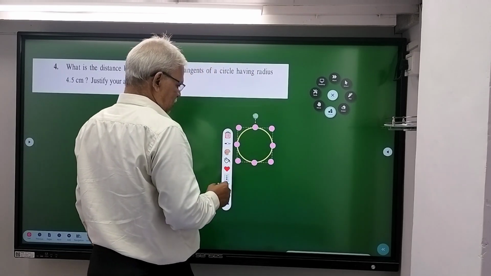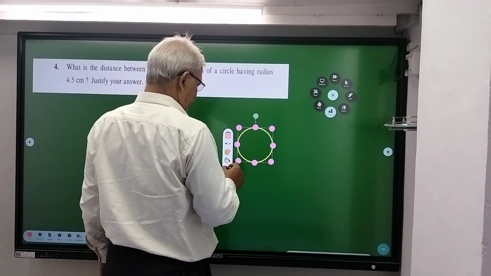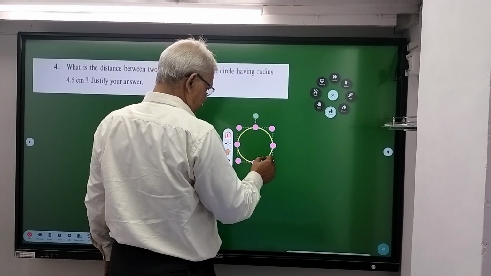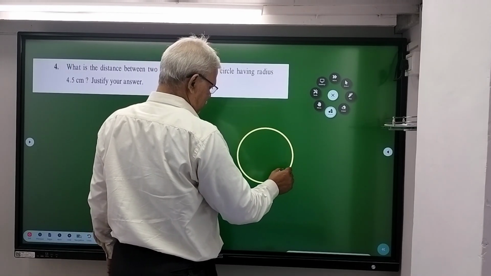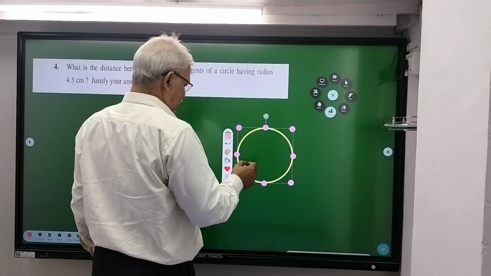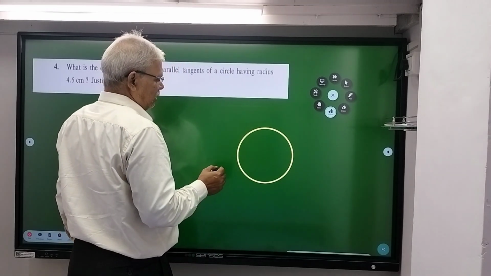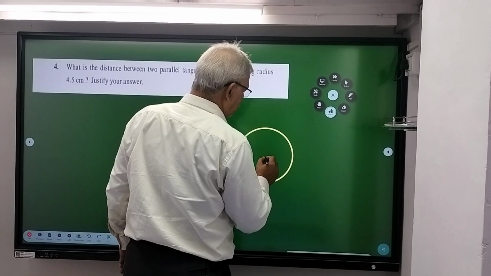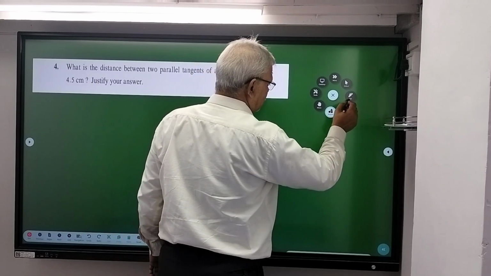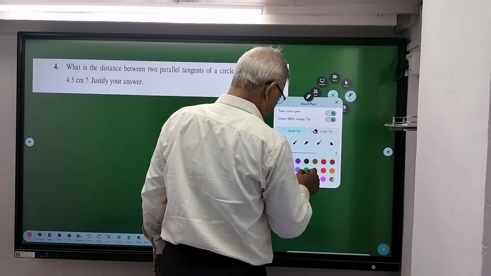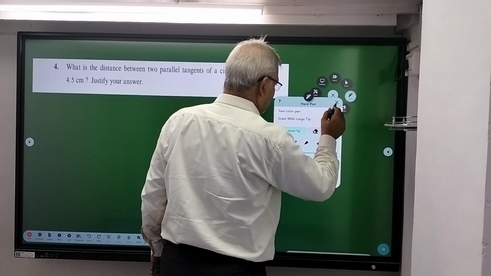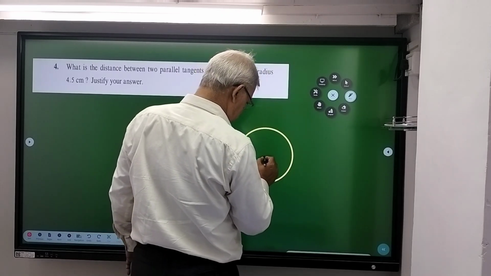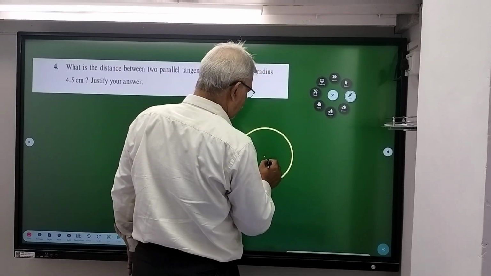Suppose this is a circle having center O.